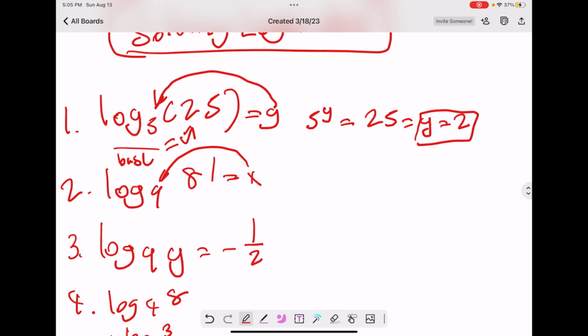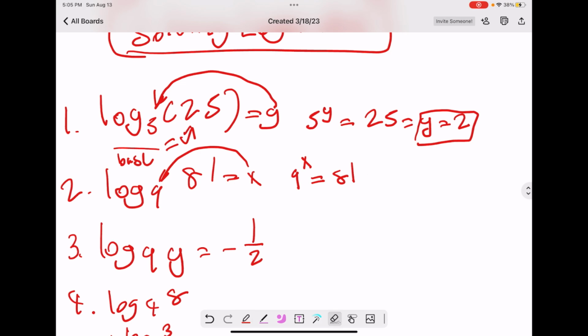And guess what? Same thing. 9 to the x must equal 81, which is what the log is focusing on. So 9 to the x equals 81, and it's similar to last time. We get 2 because 9 squared is equal to 81.